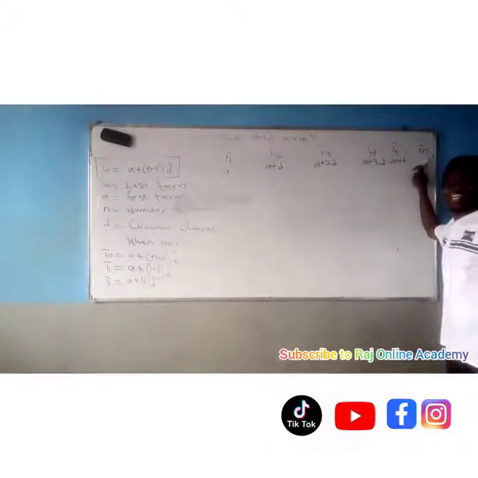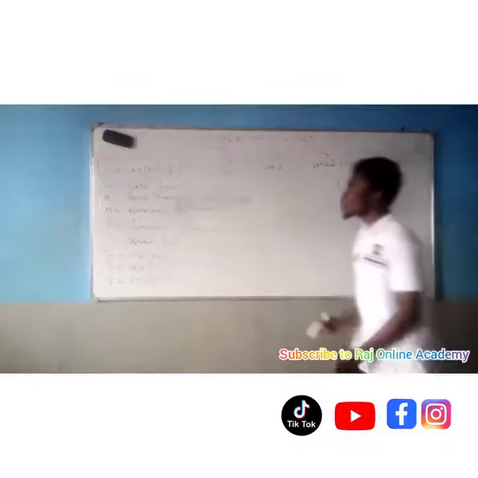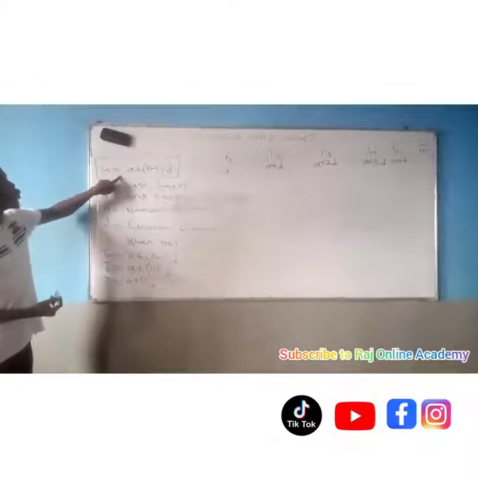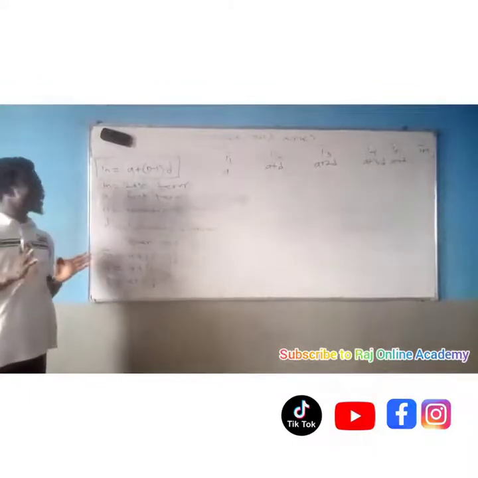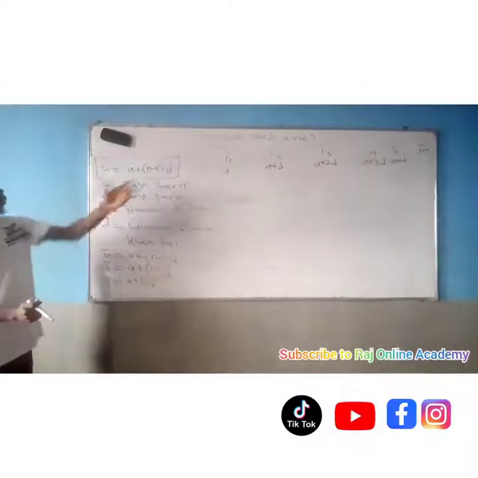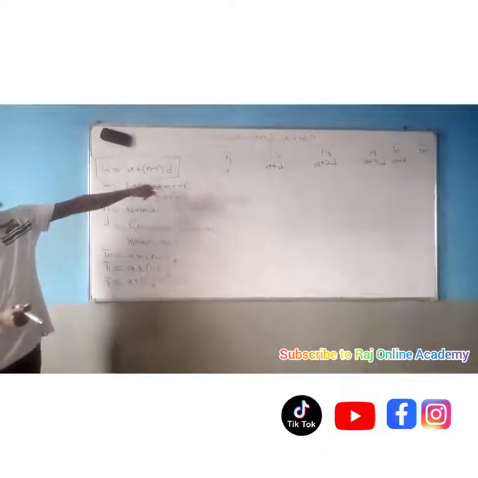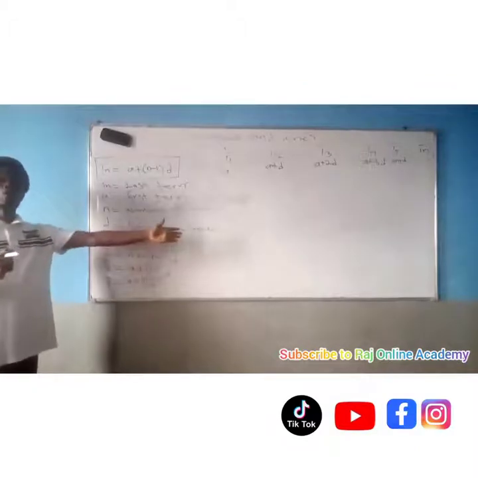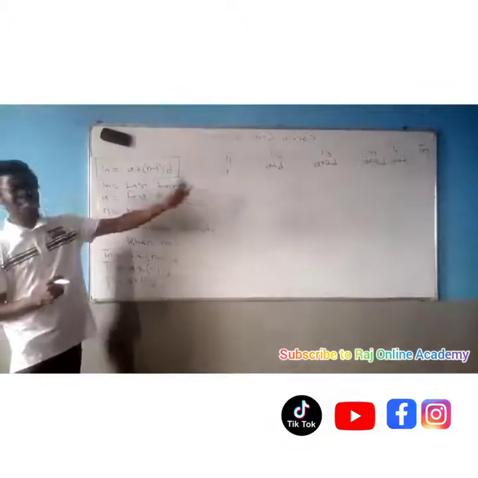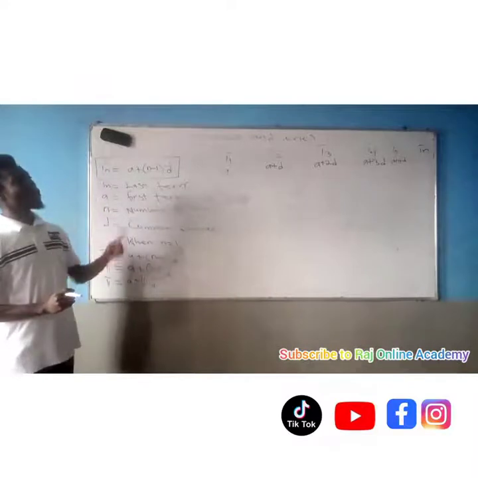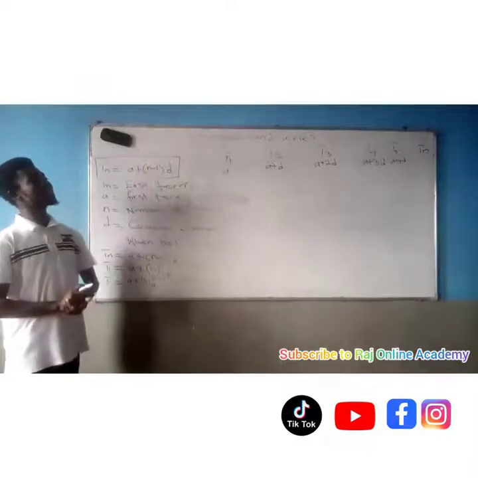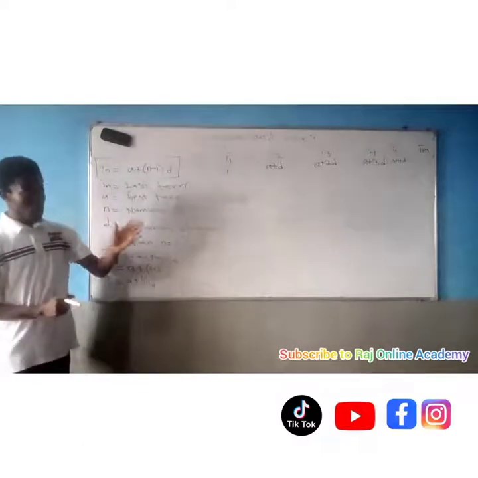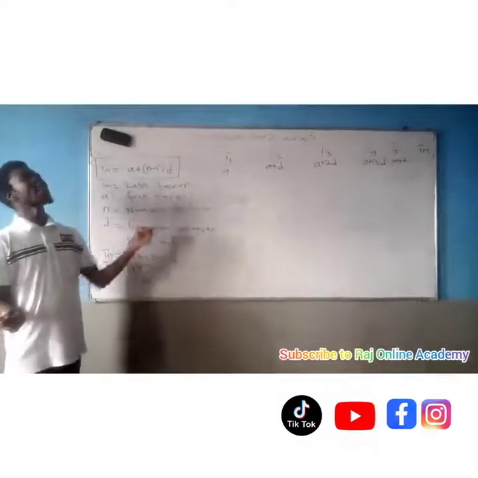And we have Tn. How do we get Tn? It is this formula: Tn is equal to A plus (n minus 1)D. So T1 is A, T2 is A plus D, which we have done just now, T3 is A plus 2D, T4 is A plus 3D, T5 is A plus 4D, and so on. It's continuous, and we have Tn.